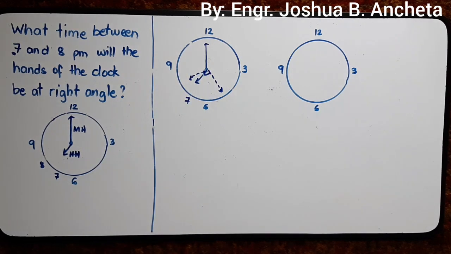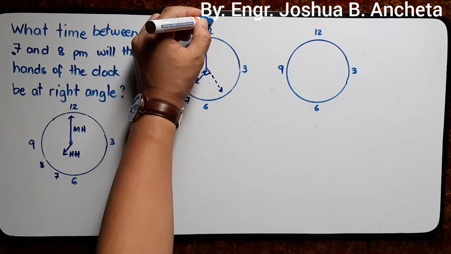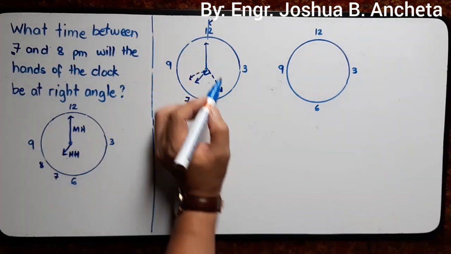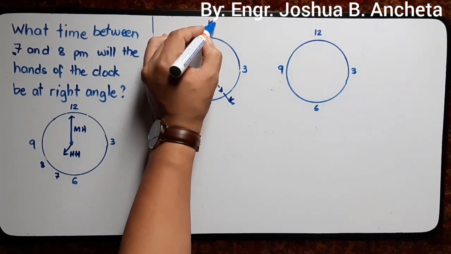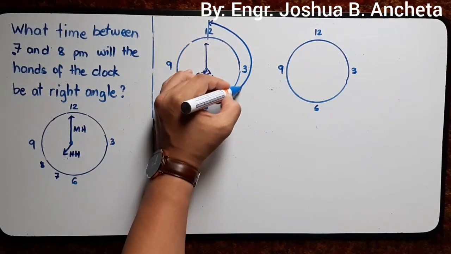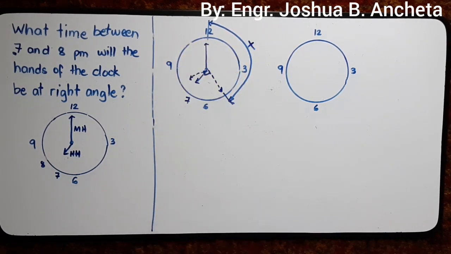Okay, so let us represent the movement of the minute hand from this position up to this position. From this position up to this position, we will let the movement be x.